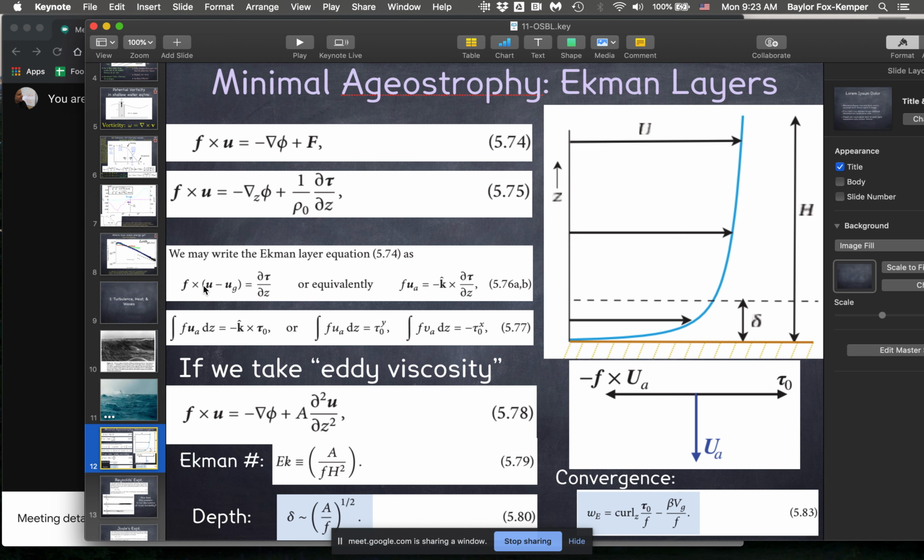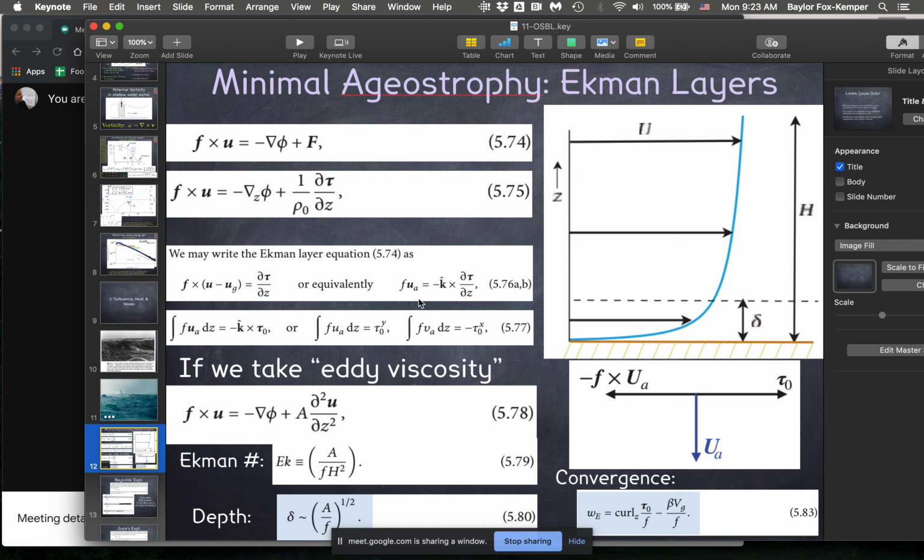So that's the Coriolis force only on the deviation. And that should be balanced by the divergence of the stress. Or we could write it this way, just f times the ageostrophic velocity goes with the divergence of the stress. So that's a nice way of thinking about it. The ageostrophic velocity in this boundary layer in equilibrium is just there because of the divergence of the stress.